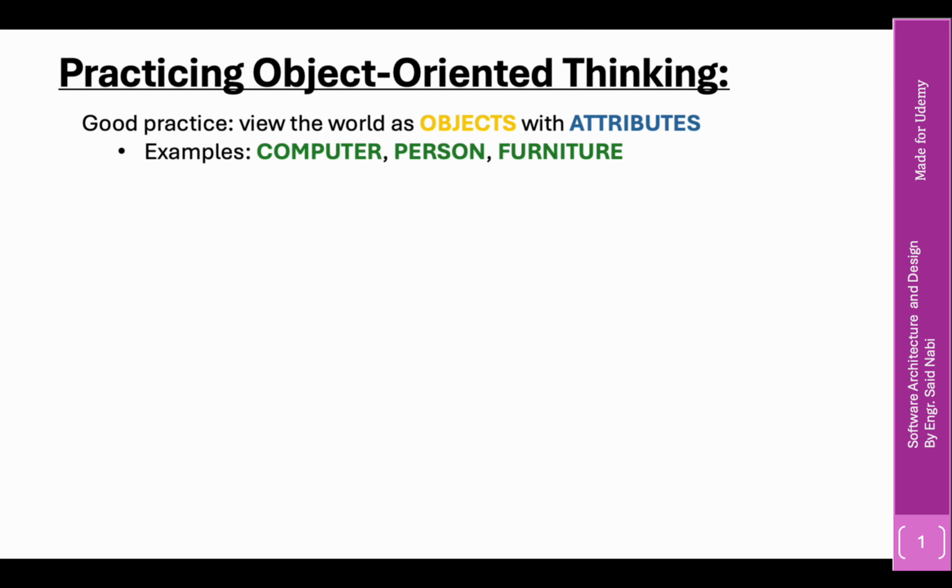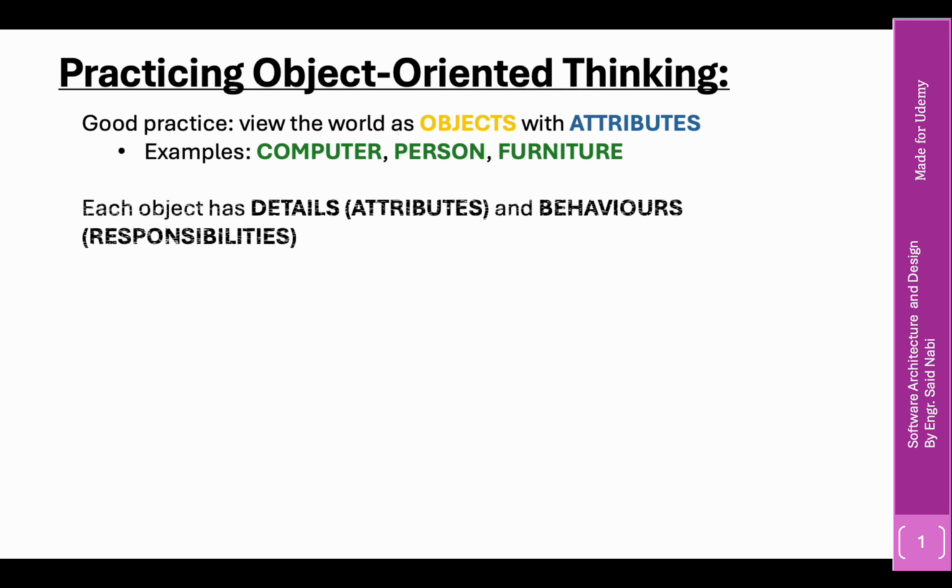Similarly, you see furniture, chairs, a table. Furniture is an object, and you start identifying the attributes and responsibilities for the furniture as well. Each object has details, sometimes called attributes, and behaviors, which are called responsibilities.